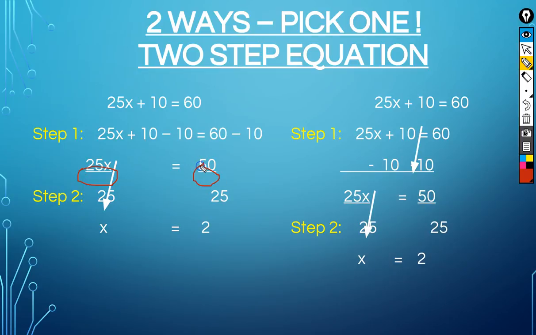And it's like that on both sides. So they did 25x divided by 25 is just x, because these 25s cancel, and you're left with x. And then they did 50 divided by 25, and they got 2. Well, now that x is by itself, you could just write your answer as x equals 2. And that would be your final answer.